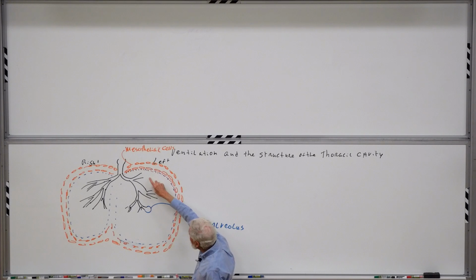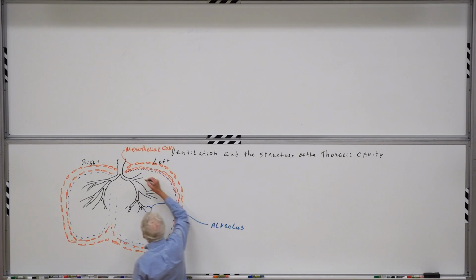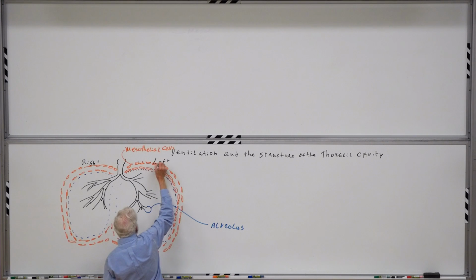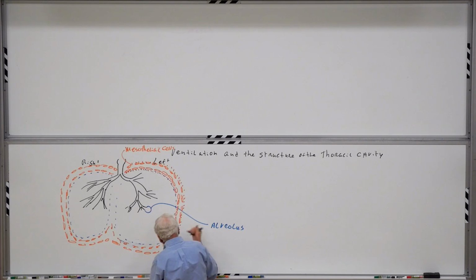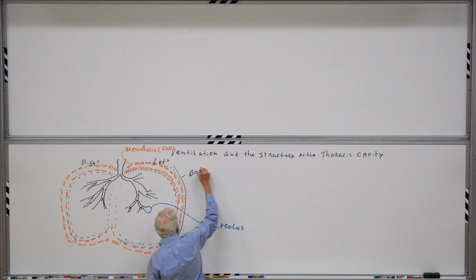So the basilar surface of this layer is attached to the lung, but the basilar surface of this outer layer is attached to the body wall. So in black here, this is intended to represent the body wall.